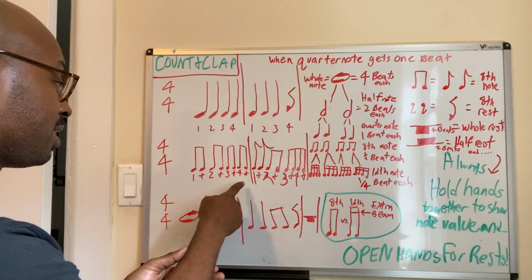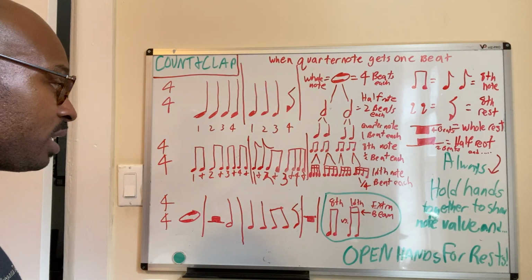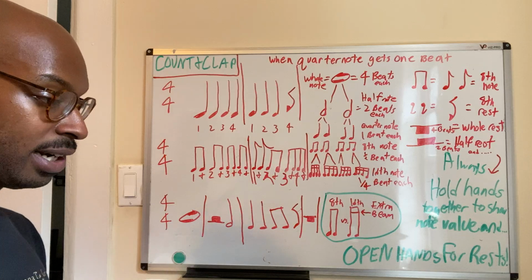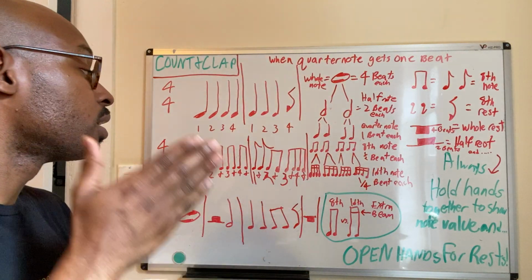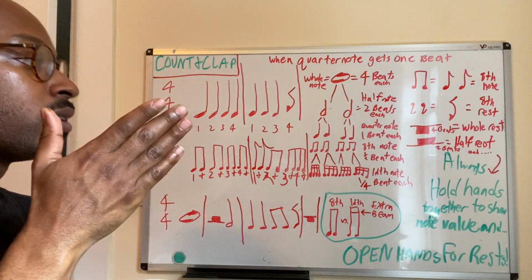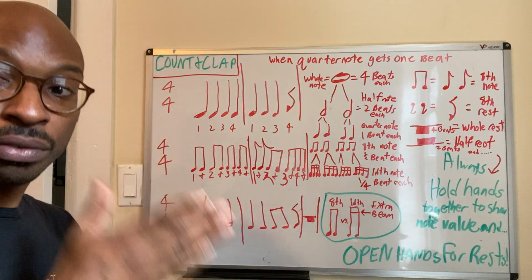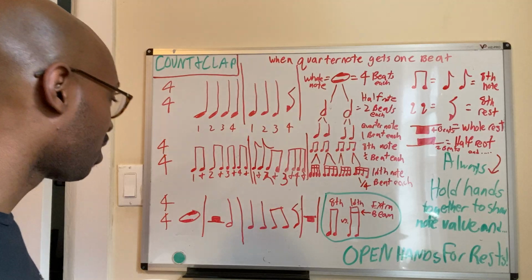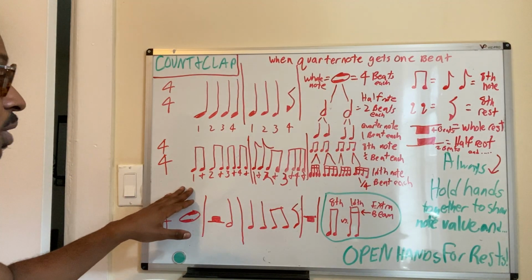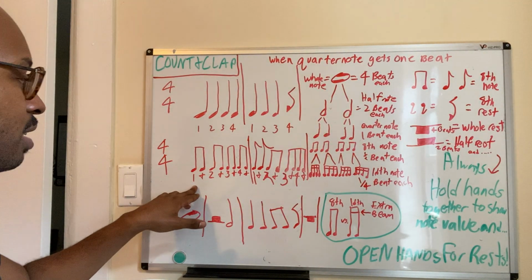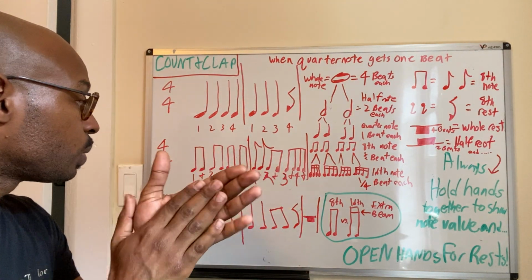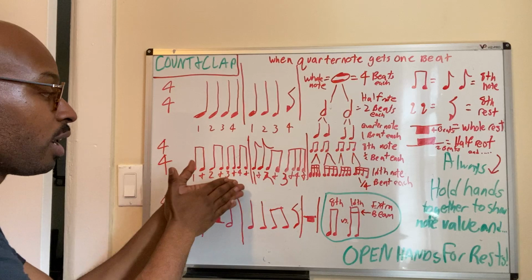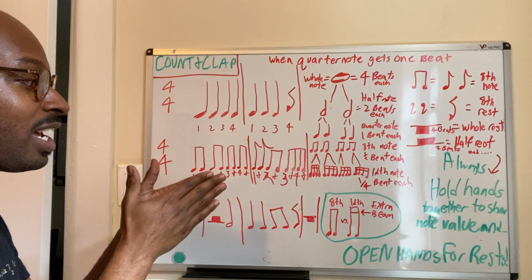To count and clap this, we need to know that our downbeat is here. 1, 2, 3, 4. 1, 2, 3, 4. That's what we're going to go with. So counting and clapping, this is how it works. 1 and 2 and 3 and 4 and 1 and 2 and 3 and 4.